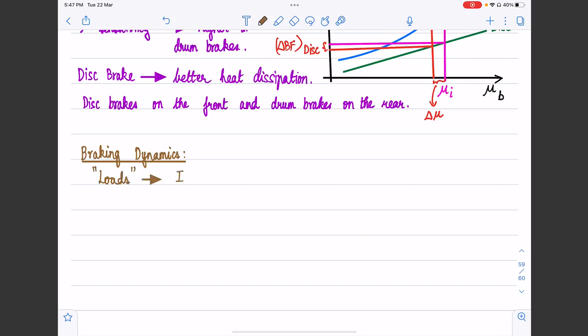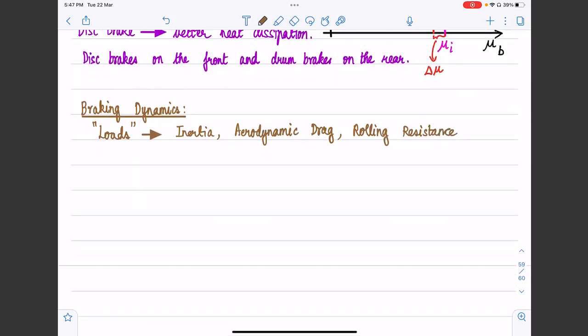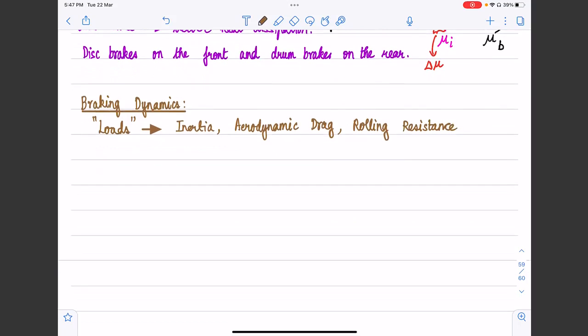These include inertia, which is going to be m times a, and we will have aerodynamic drag, which is going to be felt by the vehicle. That's going to be a resisting force. And then we will have rolling resistance. Rolling resistance is caused due to the viscoelastic nature of the pneumatic tire. There is an energy loss due to that, and that is quantified using rolling resistance.